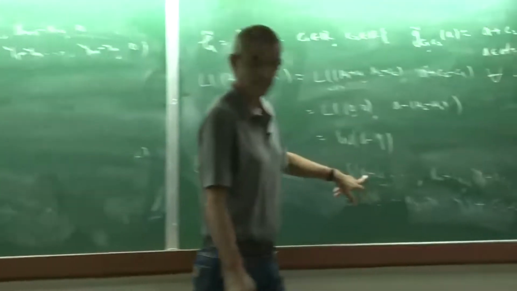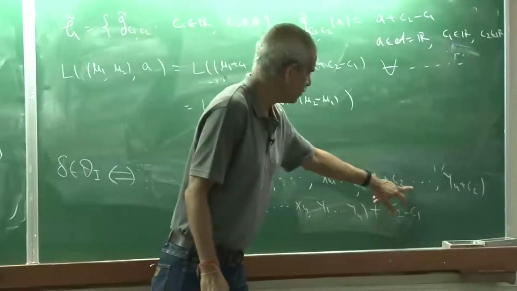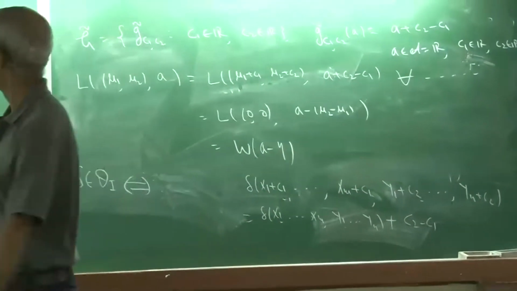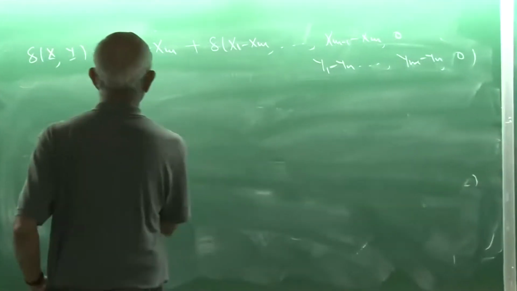So c1 is minus xm, c2 is minus yn. So this holds.